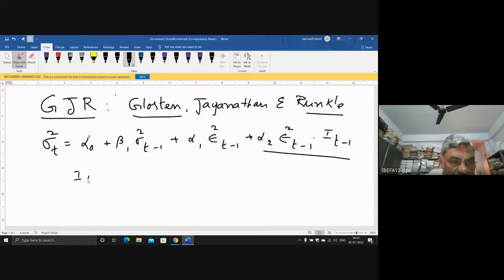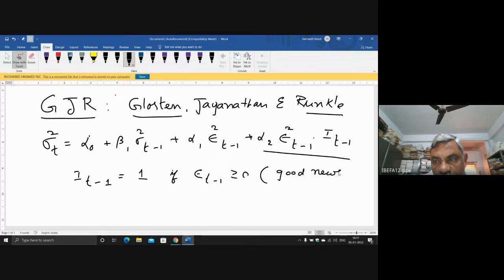So I t minus 1 is defined as a dummy variable equal to 1 if epsilon t minus 1 is positive. That is positive shock or good news. Otherwise, 0 if epsilon t minus 1 is less than 0. That is bad news.